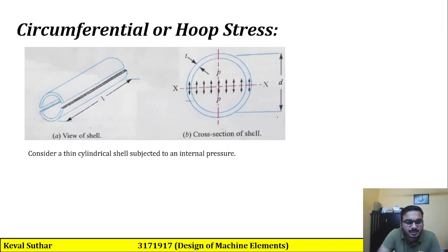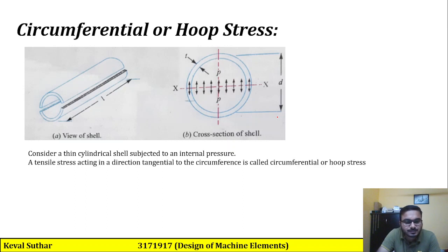So consider a thin cylindrical shell which is subjected to an internal pressure. Here a tensile stress acting in the direction tangential to the circumference is known as circumferential or hoop stress.